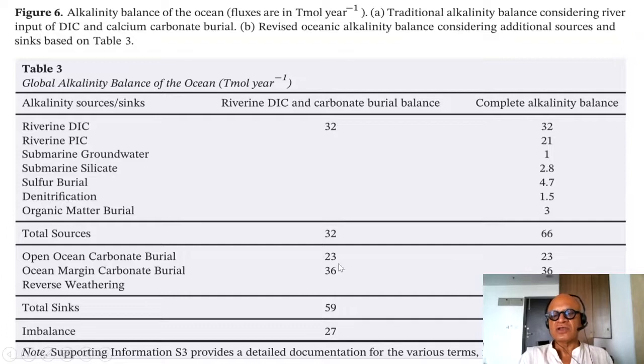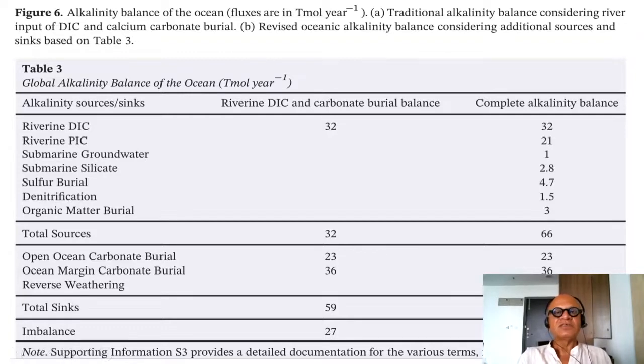Reverse weathering is not included when we do this calculation, but it's included here with 1 teramole per year. So total sinks here are 59, and the imbalance between 32 and 59 is 27 teramoles per year, whereas when you add these other sources, you have reduced the imbalance to -6 teramoles per year. So you have overshot a little bit here: 66 total sources, and total sinks are at 60.